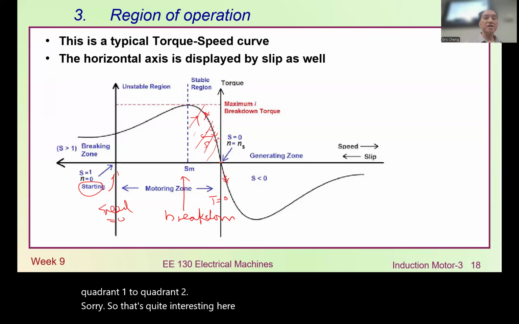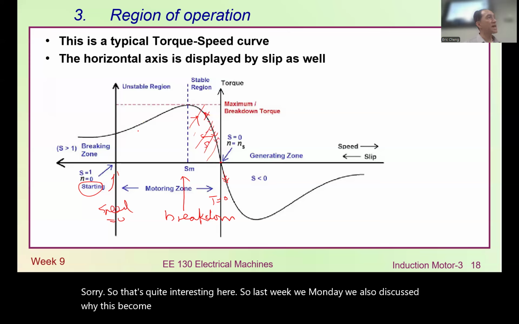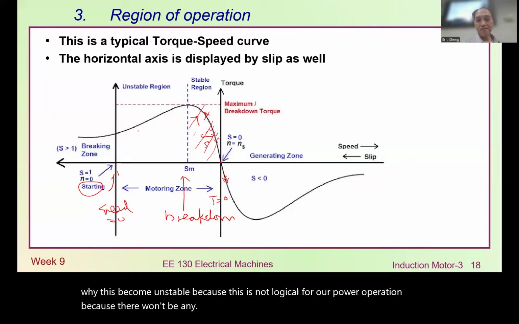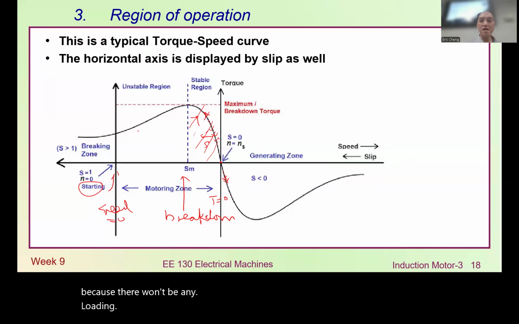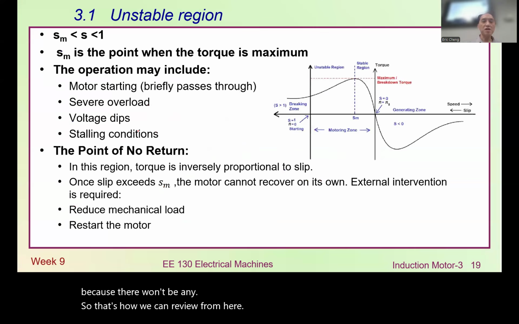So last week, Monday, we also discussed why this becomes unstable, because that is not logical for our power operation, because there won't be any loading effect. So that means we discussed the unstable region, that is the loading effect we try to avoid.